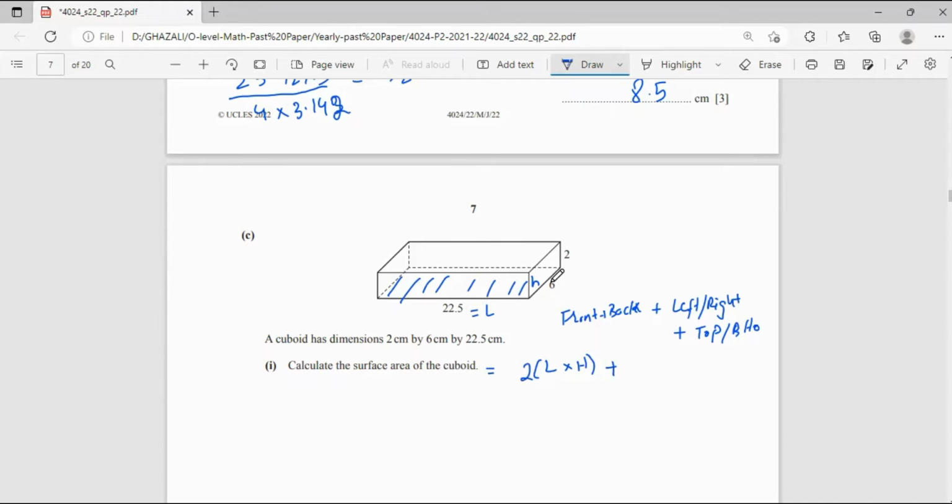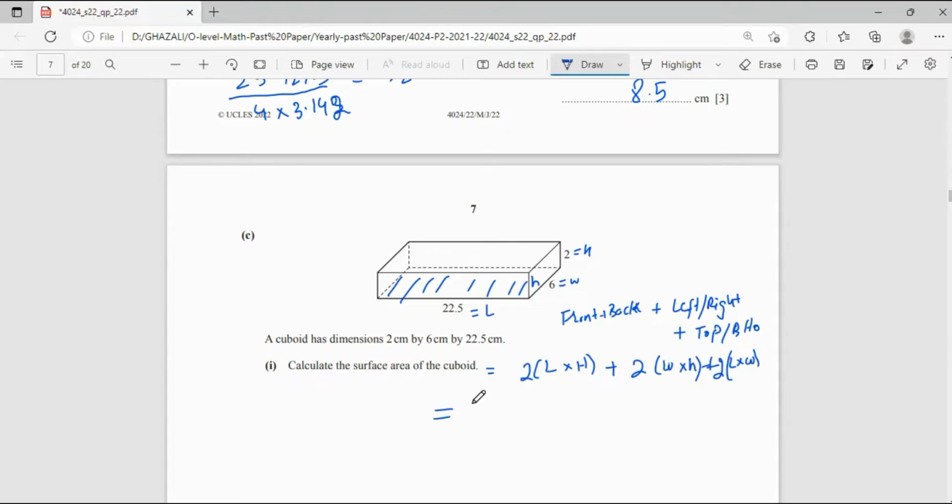For the left and right faces, it is width multiplied by height, 2 times. Same for the top face and bottom face: the area of the top face will be length multiplied by width, and the bottom and top faces take 2 times.